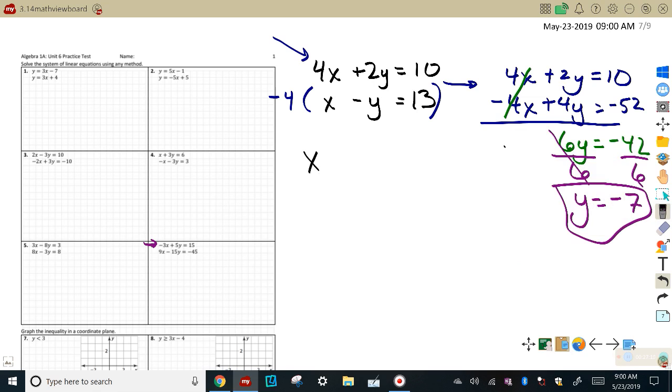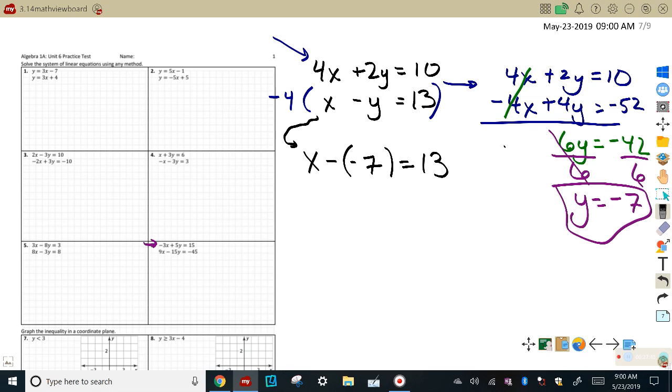So I'm going to put x minus, and then instead of putting the y, I'm going to plug in a negative 7. Okay, so remember, we're just rewriting the second equation, except now that I know what y is equal to, I'm going to plug in the y value, which is negative 7.